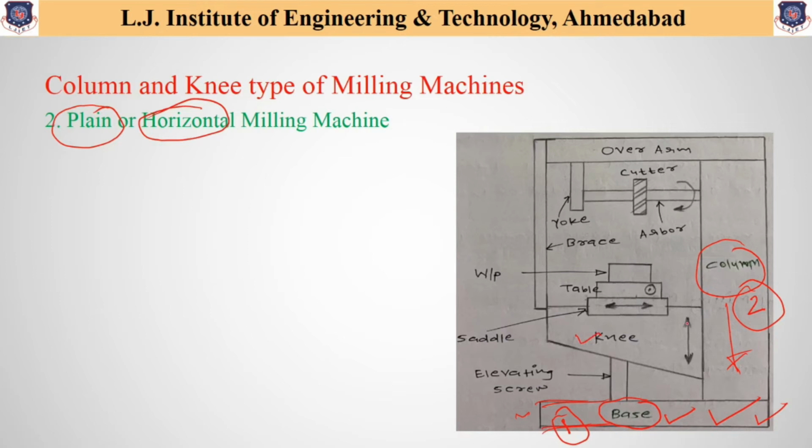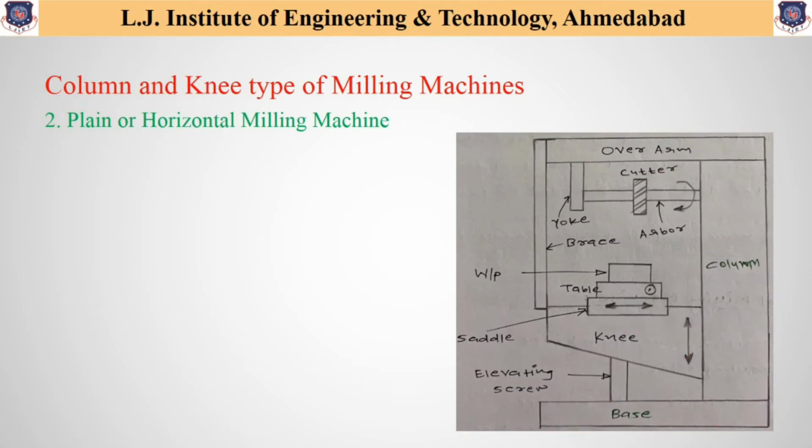This knee slides up and down with the help of the guideways available in the column. And as one can see from the figure, on the top portion of the column, the overarm is provided. So the column is connected to the base, and with the column two other parts are connected. The first one is the knee and the other one is the overarm.